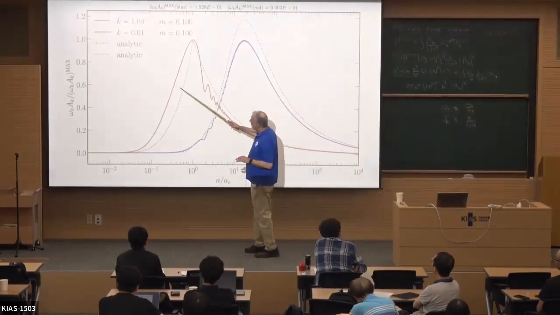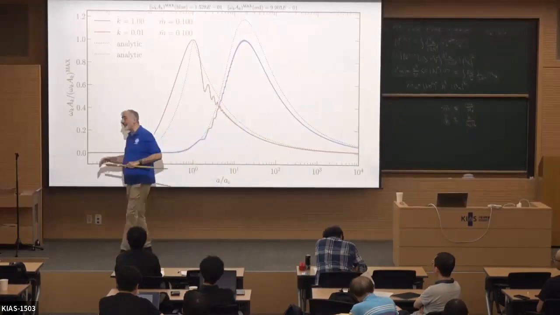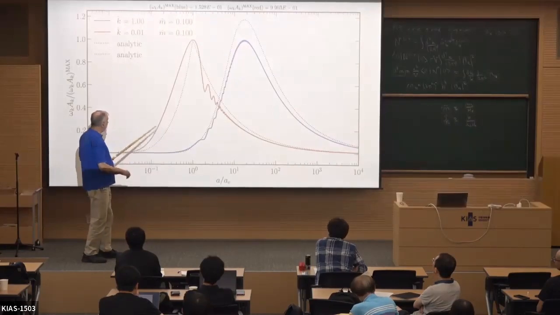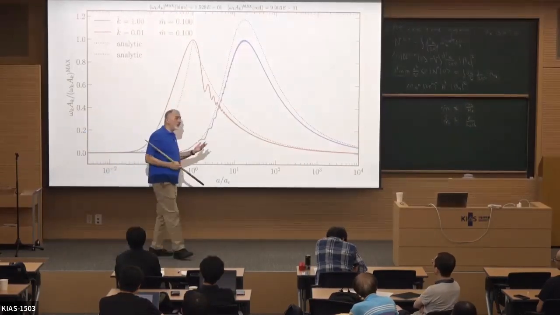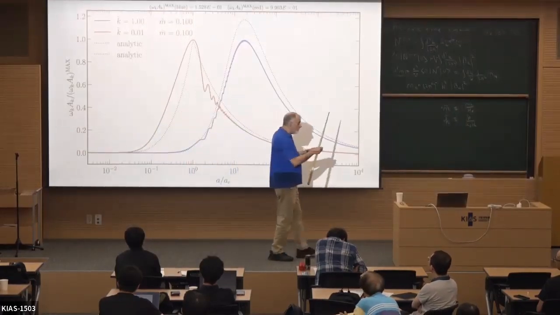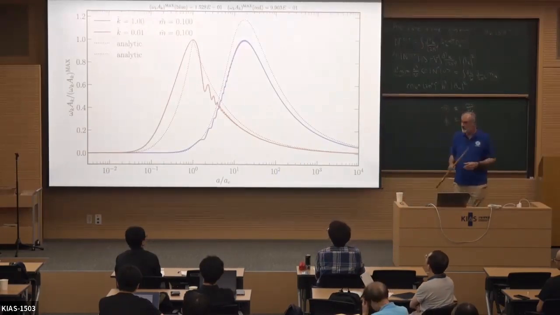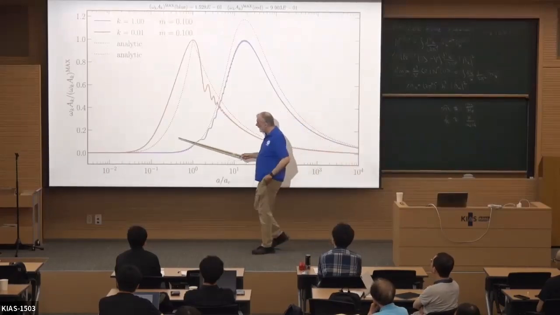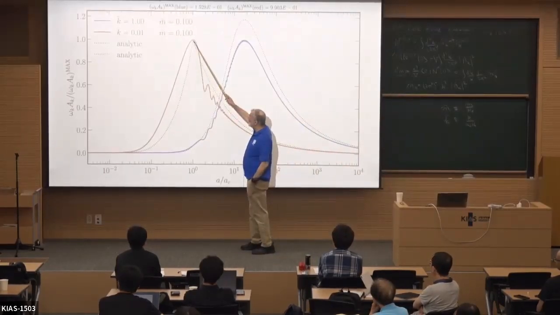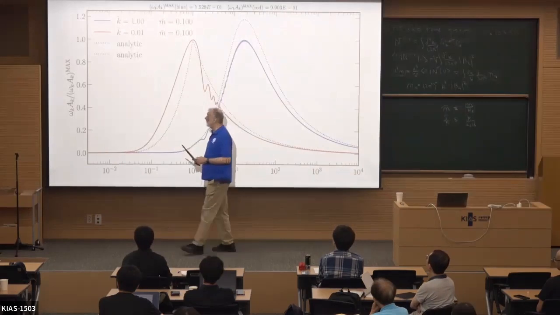So the solid curves here are the numerical model for chaotic inflation, and the dotted curves are the analytic approximations gluing together de Sitter in a matter-dominated phase. So you see, if I glue together de Sitter with a matter-dominated phase, it's continuous here, but the first derivative is not continuous.